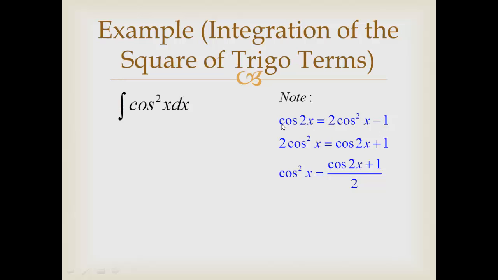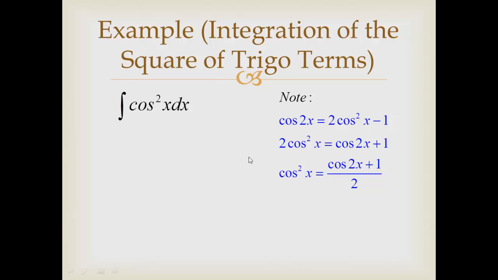Adding 1 on both sides, we get 2 cos square x is equal to cos 2x plus 1. Then we divide both sides by 2. So we get cos square x is equal to (cos 2x plus 1) over 2.